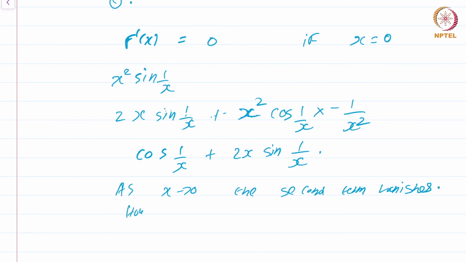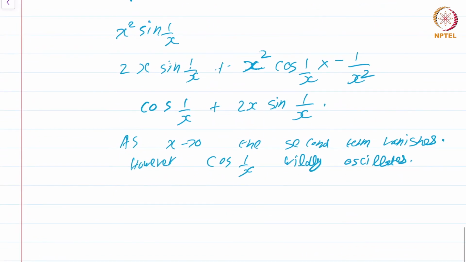However, cos 1 by x wildly oscillates. Which means this function, the derivative f prime of x, is not continuous at 0.